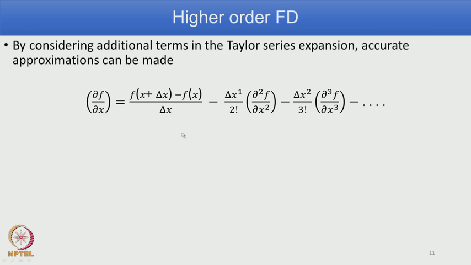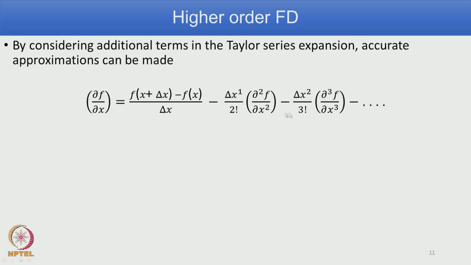So, in this case we write down here the first derivative formula dou f by dou x in the forward difference method. So, f of x plus delta x minus f of x by delta x and remaining terms, and you can observe that dou squared f by dou x squared is an immediate term previously we did not consider.